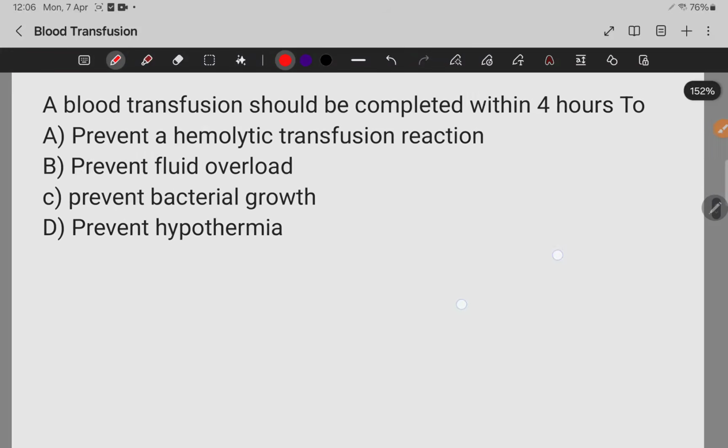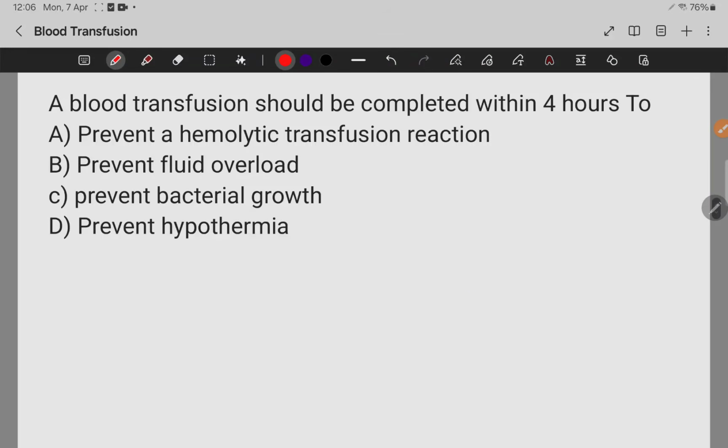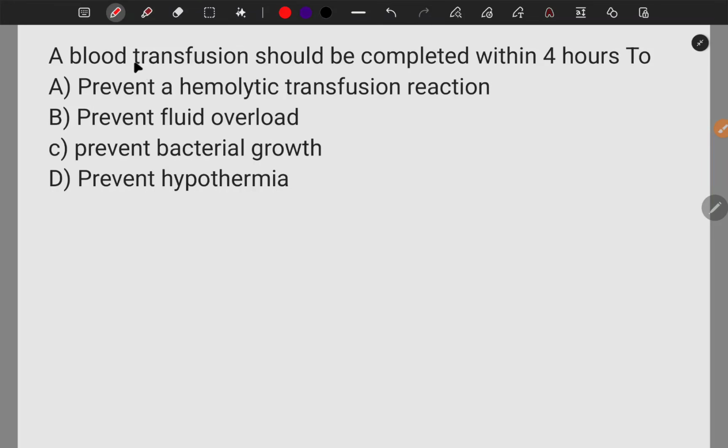A blood transfusion can be completed within 4 hours. Why are they telling to complete it within 4 hours?